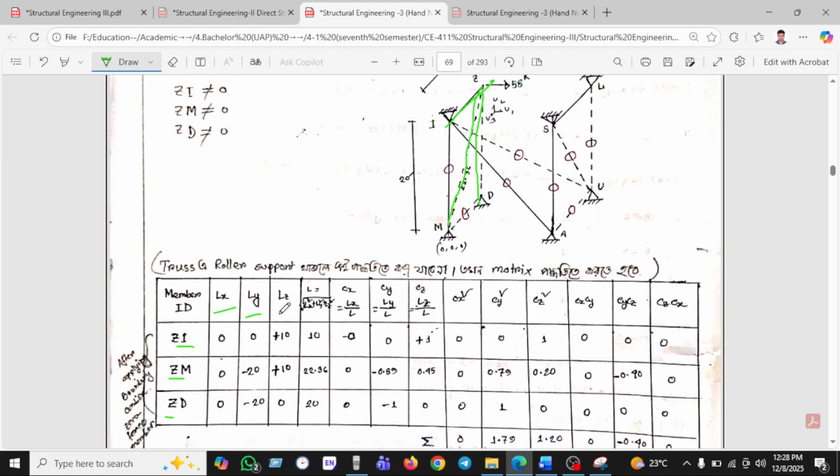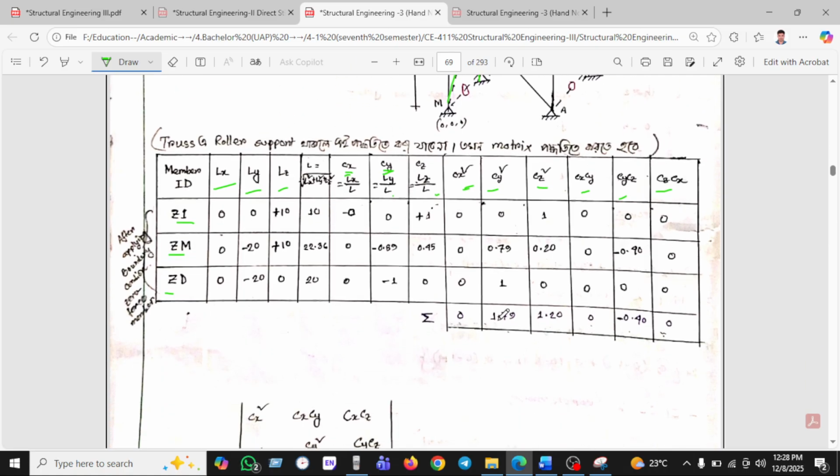Taking Lx, Ly, Lz and calculating L. How will we calculate? L is the square root of Lx square plus Ly square plus Lz square. And taking Cx, I will calculate Cx equal to Lx divided by L, Cy equal to Ly divided by L, Cz will be Lz divided by L, and finding Cx square, Cy square, Cz square, CxCy, CyCz and CzCx.